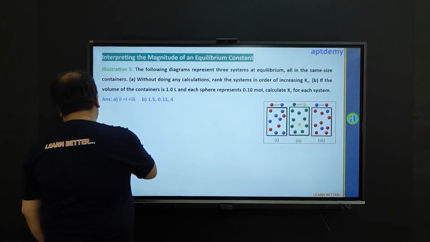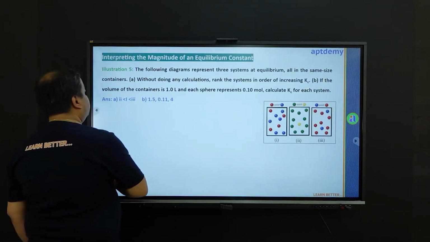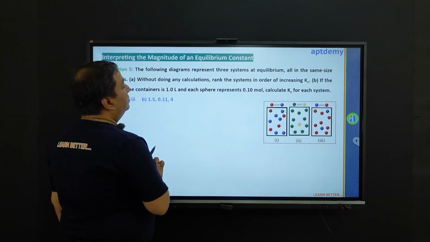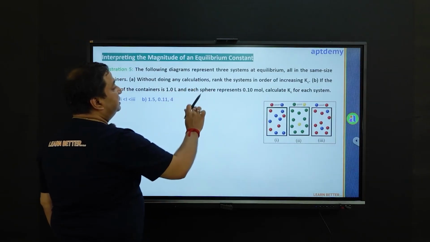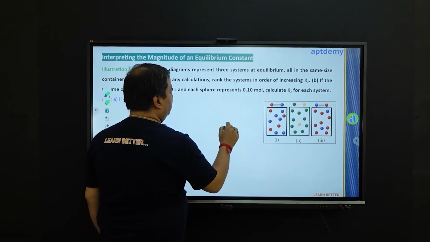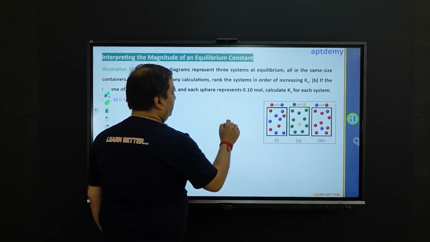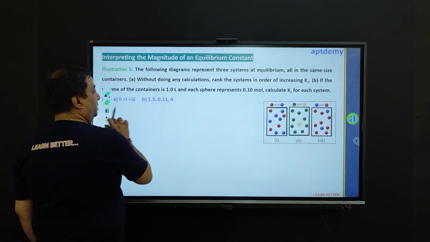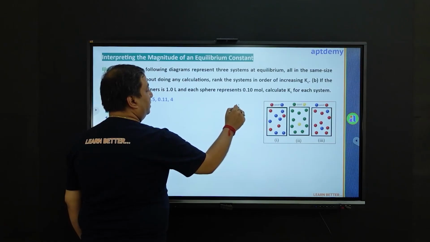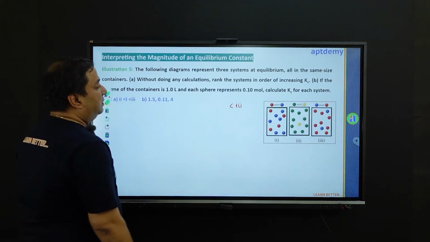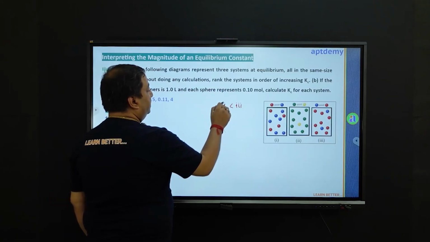Since they have asked us to do no calculation, but just rank the systems in increasing order of Kc, Kc for box 3 will be highest, followed by 1.